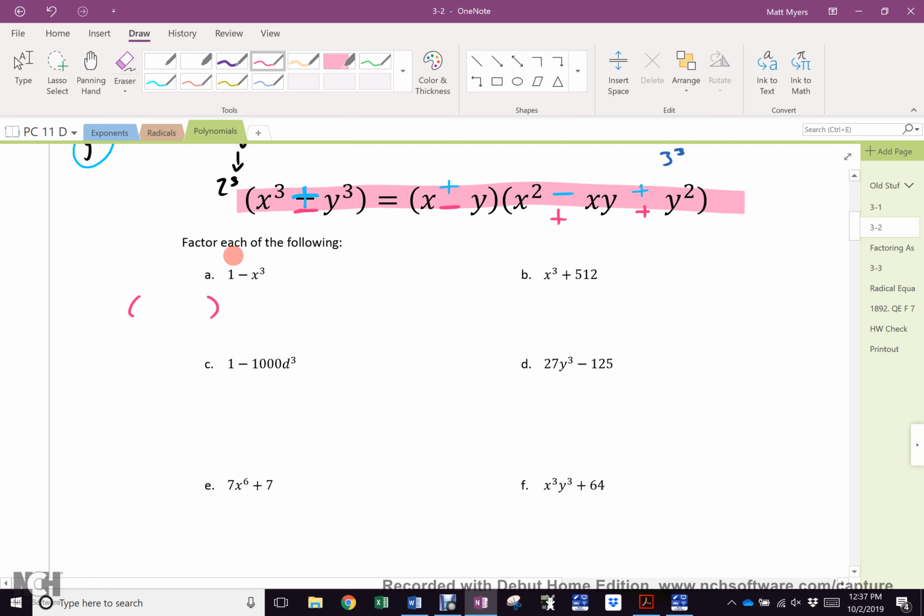So, follow the rules. I know when I expand this side of it, that my first answer has to get me the cube, right? So, I must need the cube root of that, which is 1, minus the cube root of that, which is what? x.